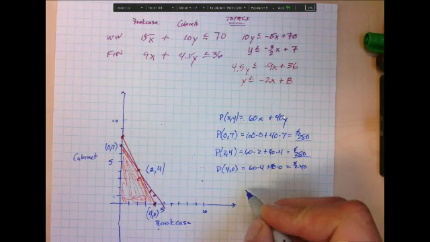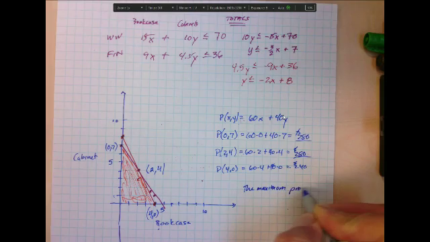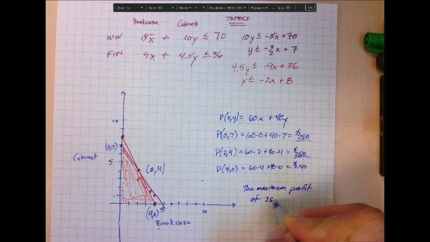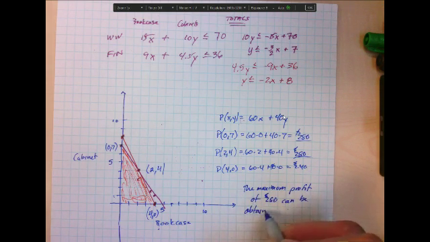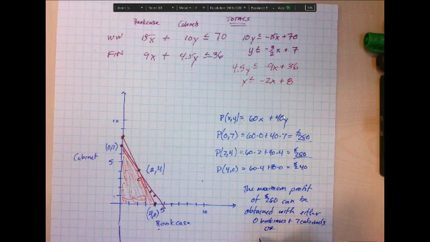So the maximum profit of $280 can be obtained with either zero bookcases and 7 cabinets, or 2 bookcases and 4 cabinets. Okay.